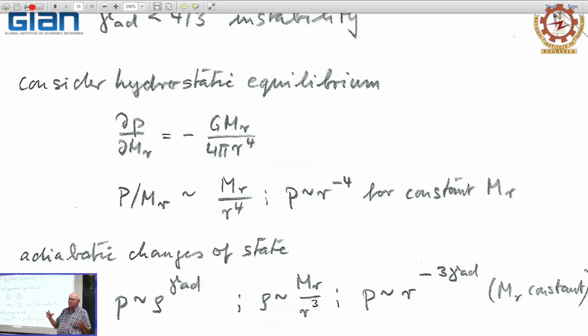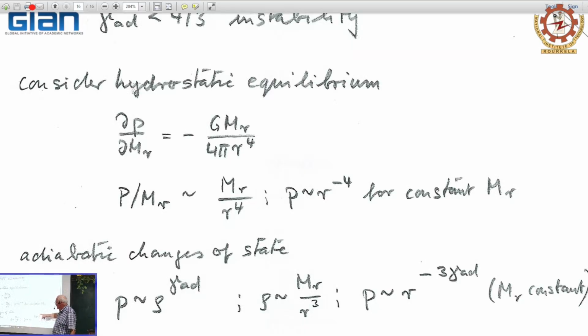Also, the opposite happens if we decompress our star and the pressure falls off faster than r to the minus 4 needed for equilibrium: then it will have a restoring force. It will turn back to the initial state. If it rises more slowly than r to the minus 4, then it will not be restored, but it will collapse, or in the other direction, it will expand if we decompress it and the pressure falls off more slowly than r to the minus 4.